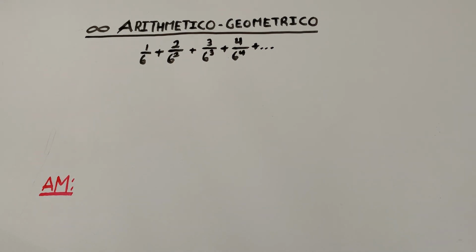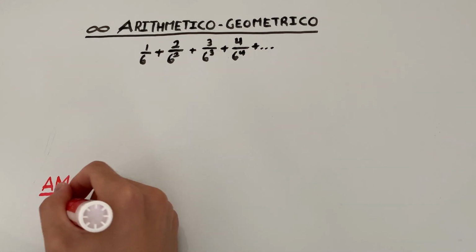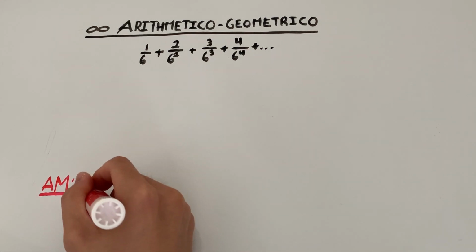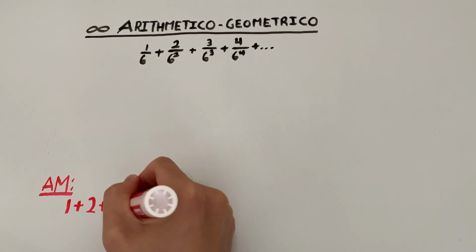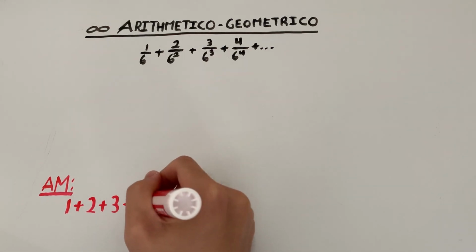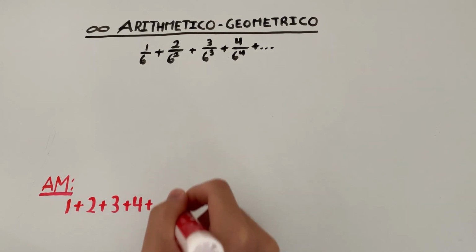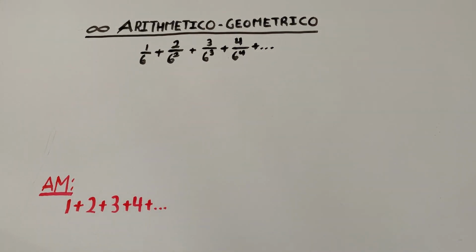So in this series, the arithmetic component would just be the numerators, because you can see the numerator goes 1 plus 2 plus 3 plus 4. So this is an arithmetic series with common difference of 1.